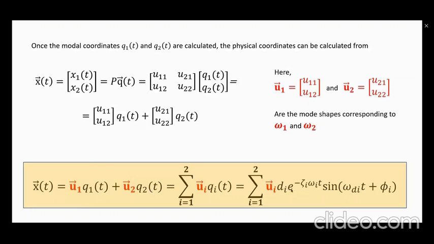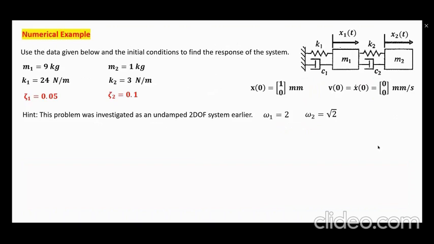Now remember, Q1 and Q2 are these expressions which have D1 and D2 and phi1 and phi2 in them. Here, because I'm using the summation notation, instead of saying D1 and D2, I said Di, i going from 1 to 2, and zeta i and omega i and omega di, which is the damped natural frequency for mode i in general.